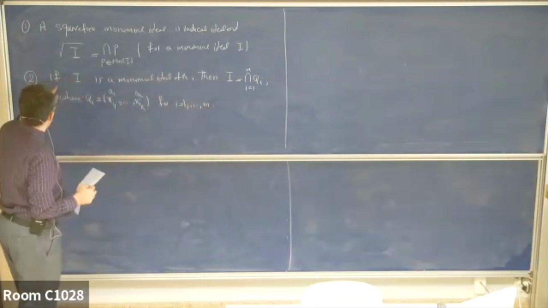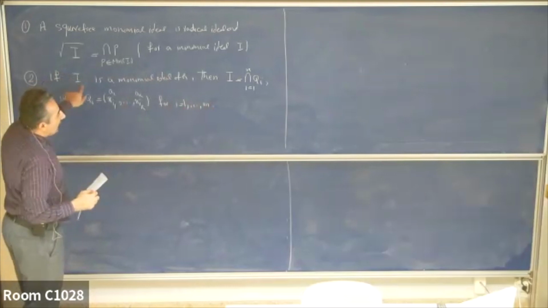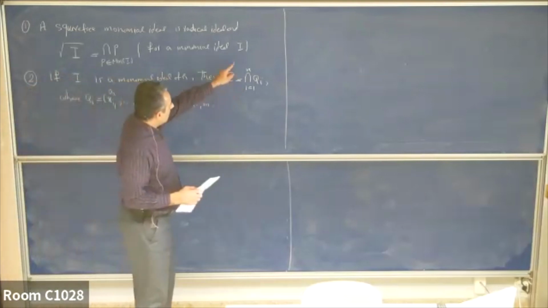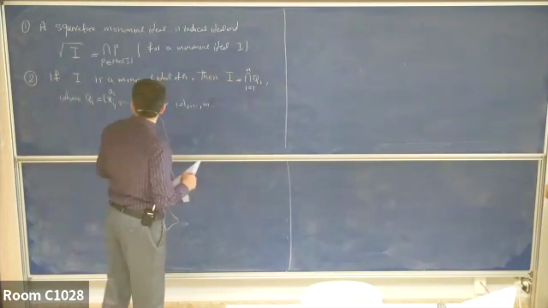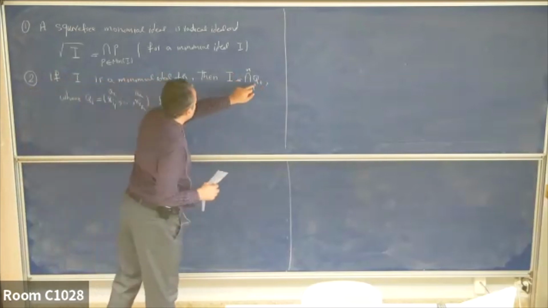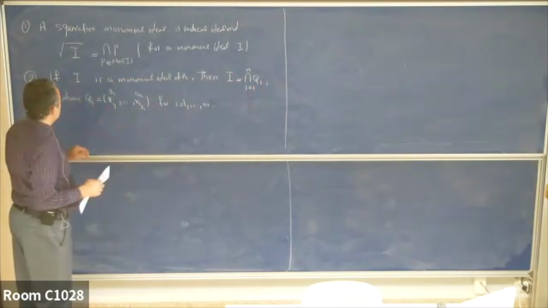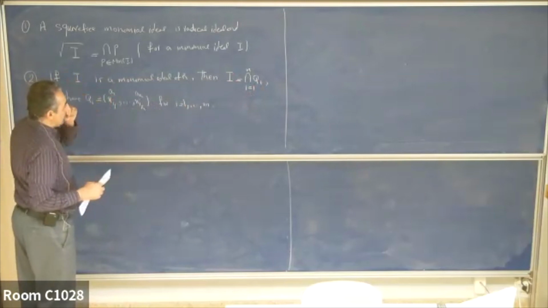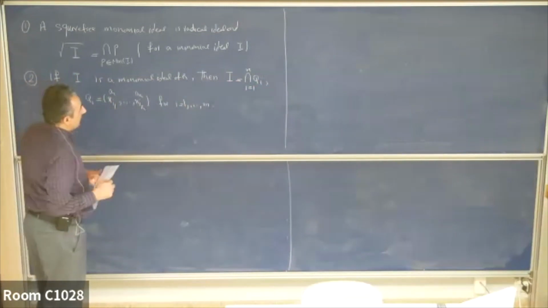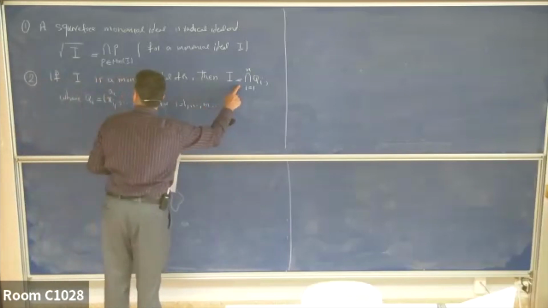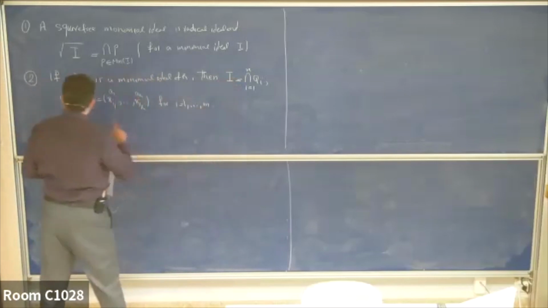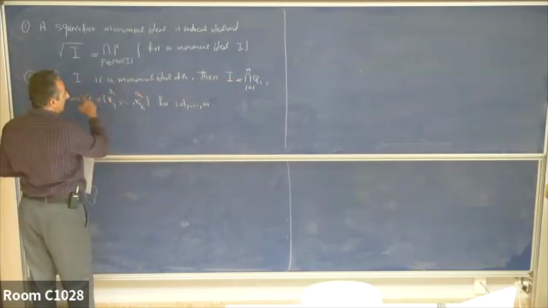This theorem says that every monomial ideal has a presentation with this form, in which Q_i has this form.